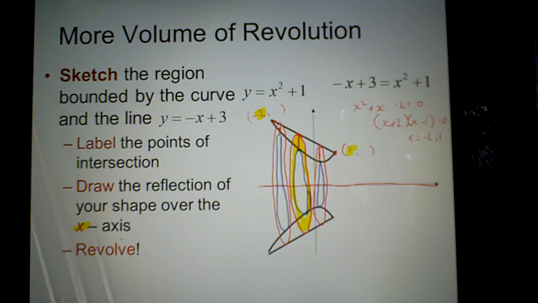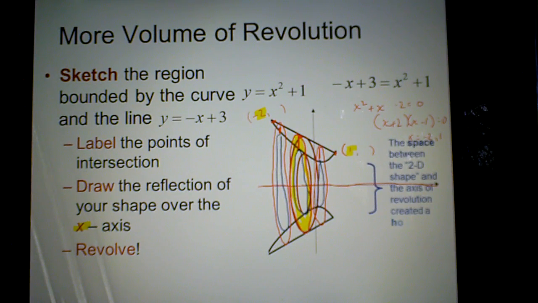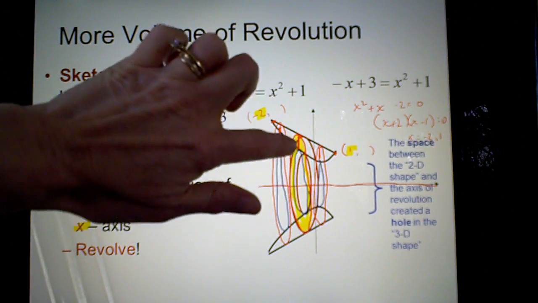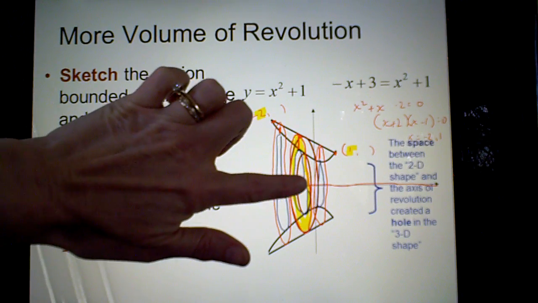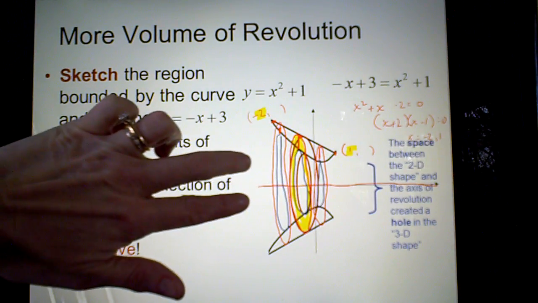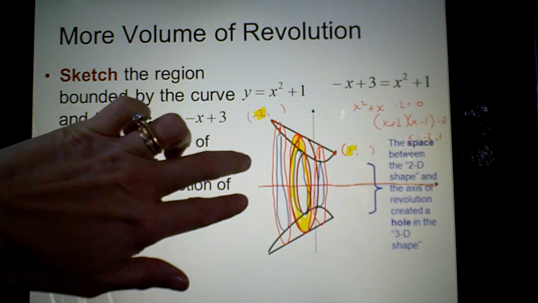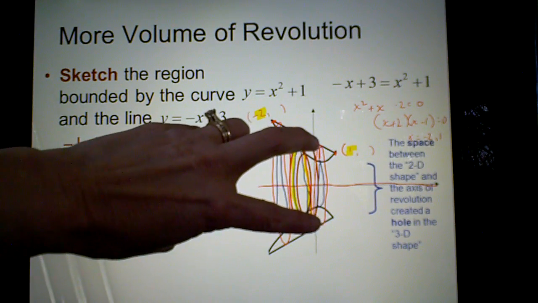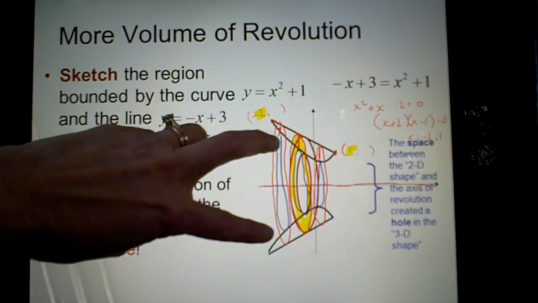So, how do I find the area of each lifesaver? Since I have space between the two-dimensional shape here, or here, and the axis of rotation, there's going to be a hole created in my shape. There's going to be a hole through here. So I need to find the volume of each lifesaver, or even the area of each lifesaver.